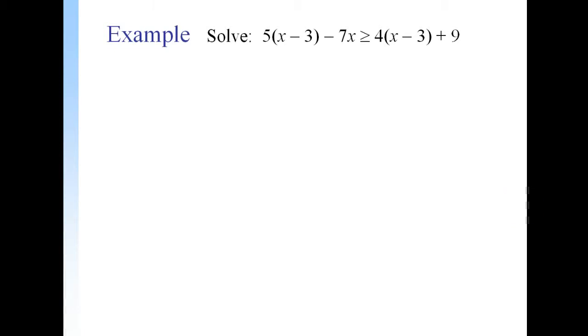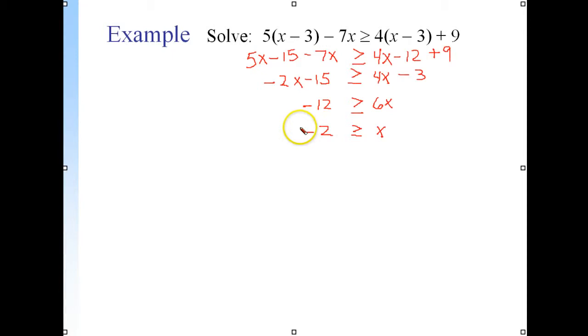All right, let's do this one. You may have recalled that I often said try to keep your variable positive. Again, by doing so, you don't have to reverse the direction of the inequality sign when you're dividing or multiplying by a negative.